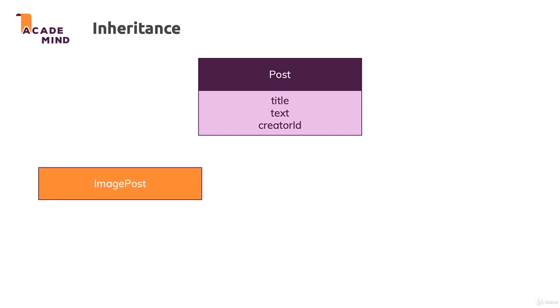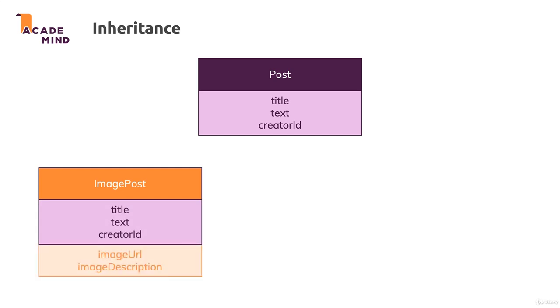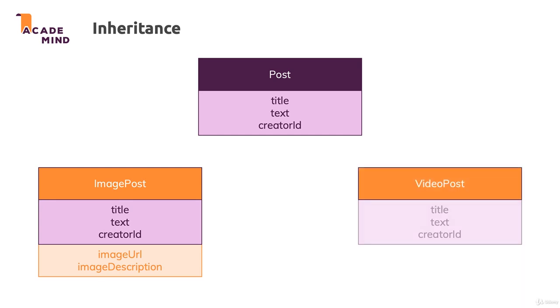Let's say we have a specialized version of that post, which is an image post, which also has all these properties, but also in addition has an image URL and an image description. And then we also have another specialized version of a post you can make, a video post, which also has title, text, and creator ID, but which then also needs a video URL and let's say a rating regarding the age you gotta have to watch the video.